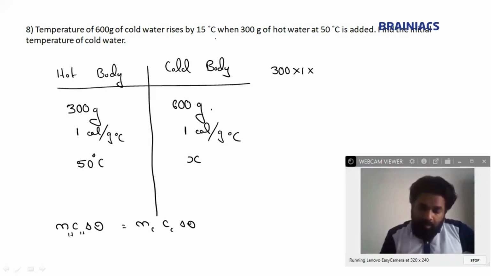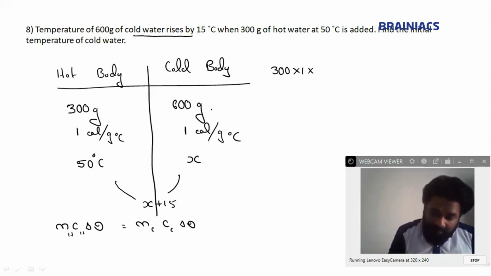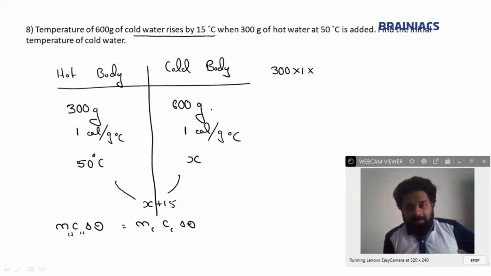Suppose the initial temperature of this cold water is X, then the mixture temperature is going to be X plus 15, since they are saying the temperature of cold water rises by 15 degrees Celsius.